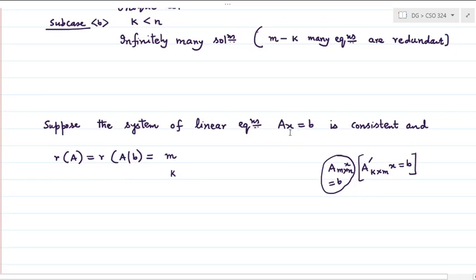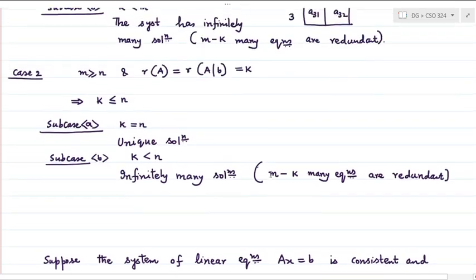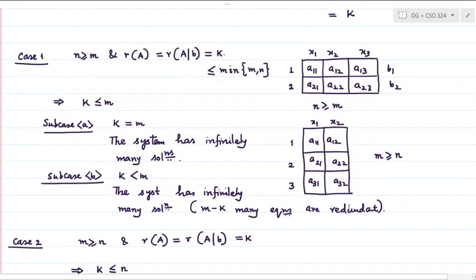So even if we have a vertical system, you can convert it to a system which is rectangular, horizontal rectangular, or a square matrix, which is equivalent to this vertical rectangular system.